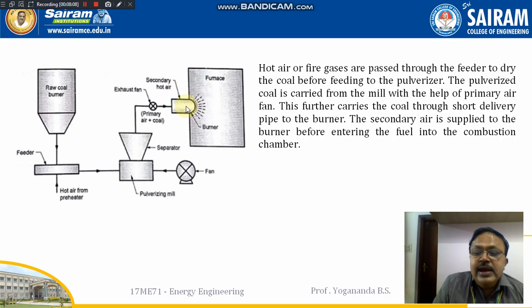That's why secondary air is supplied to the burner before entering the fuel into the combustion chamber. The primary air current will help the flow of the crushed coal into the furnace, whereas the secondary hot air is helping the combustion process.